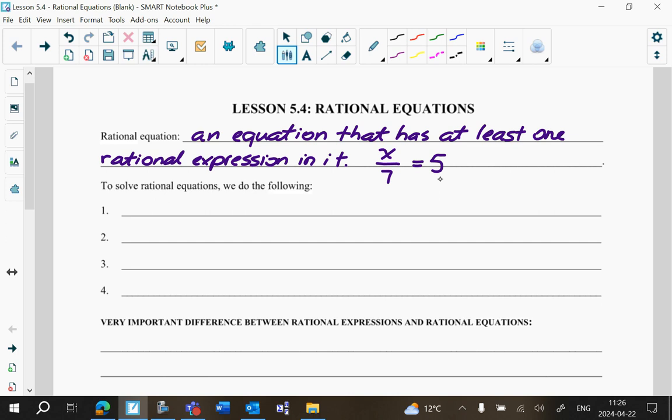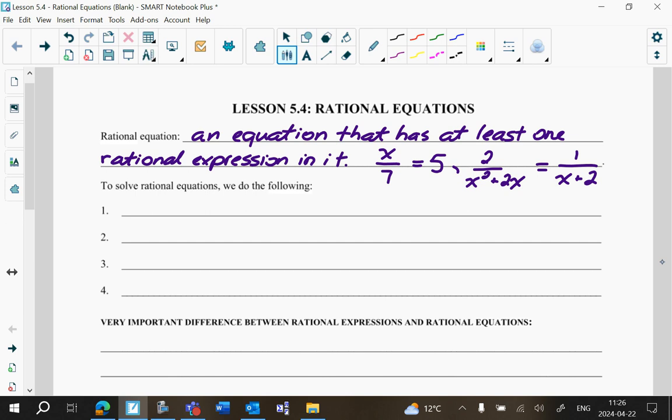Let's say, for example, another one. 2 over x squared plus 2x. I just wrote a rational expression. As soon as I make it equal to something, it changes to a rational equation. So I could have 1 over x plus 2.